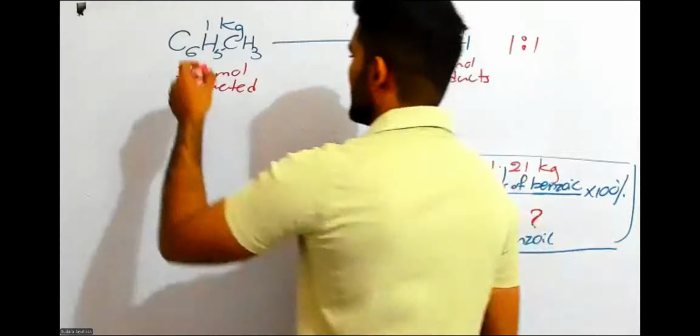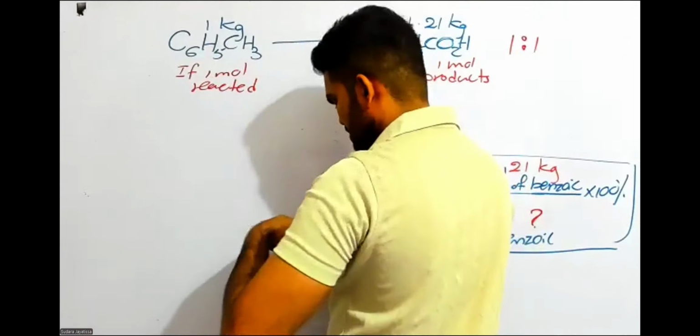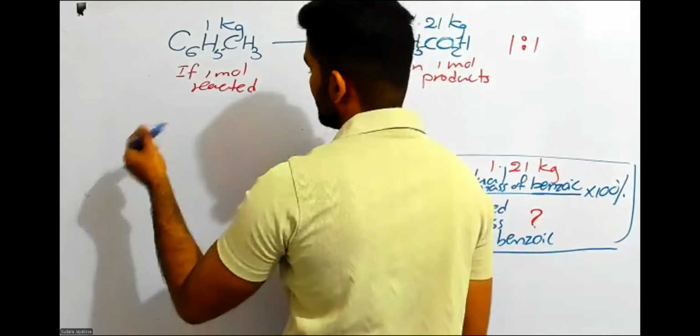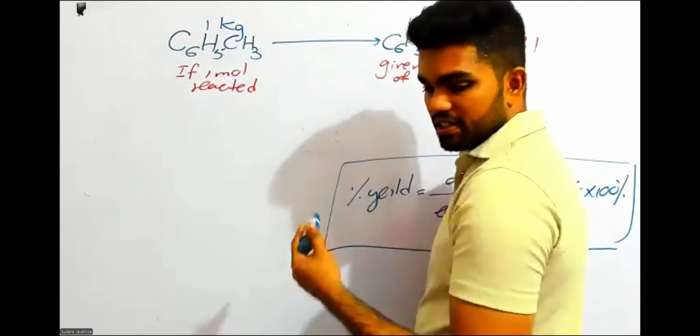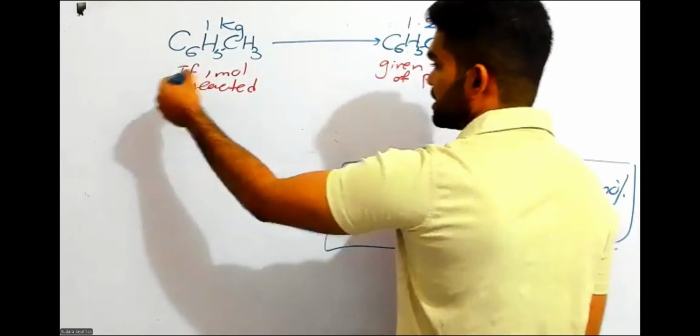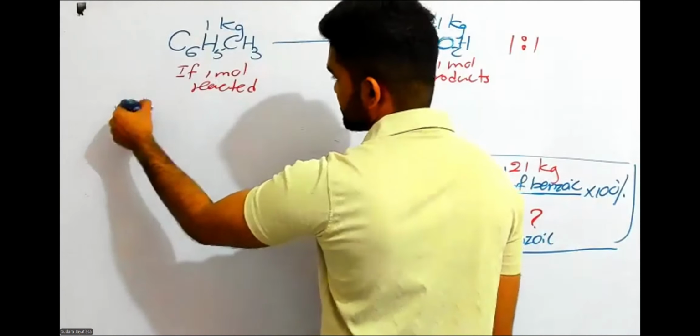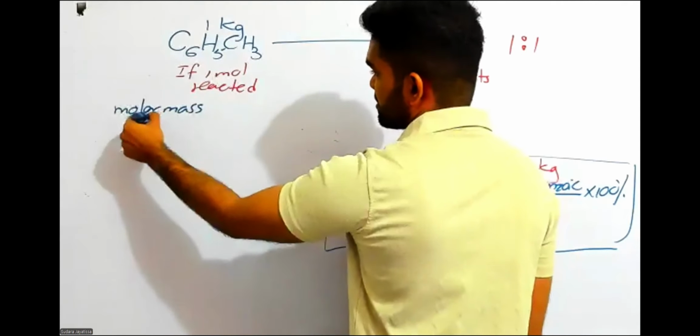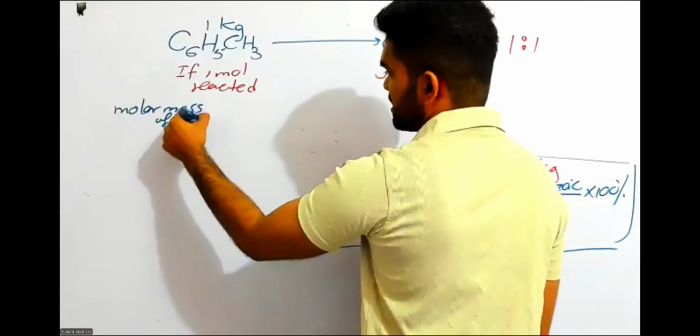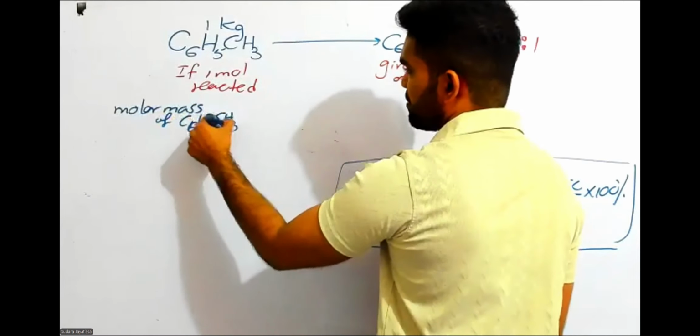So let's find how many moles of toluene there are. For that you need the molar mass of C6H5CH3.